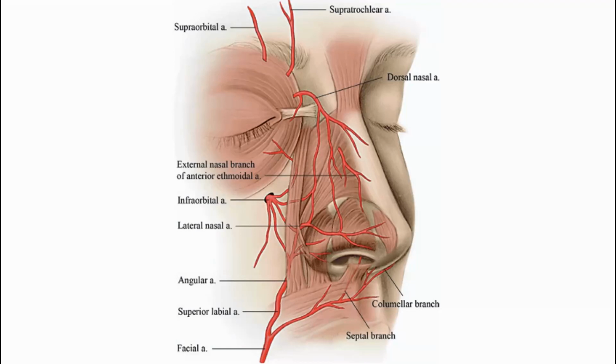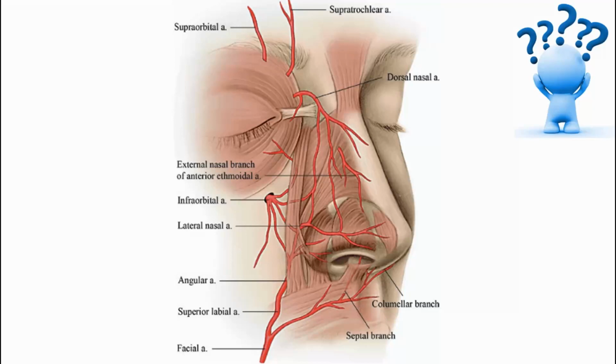This is an image showing what? It is showing that the skin of the nose has multiple sources of blood supply, and therefore wounds of the nose bleed. And this image is also telling me that there are what is called intrinsic muscles of the nose.